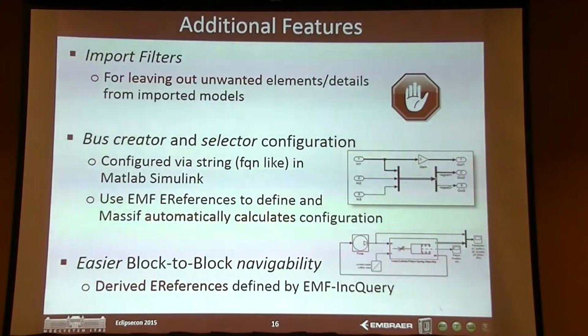However, third-party tools do not really know how to calculate these configuration strings. And we have added this feature into our EMF representation. So you can have nicely defined e-references, saying that within that bus, this is the link I would like to see. And it can calculate the required configuration string when you export it back to the Matlab Simulink representation.